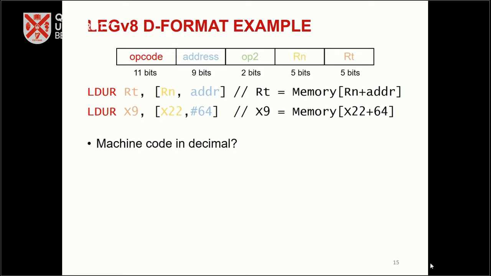So here what we have is, for instance, that we are going to load in register 9 the address in register 22 plus 64. Remember that we were using 64 because this operation uses a scaled offset, so 64 was the index 8 of the array, whose base address is in register 22.